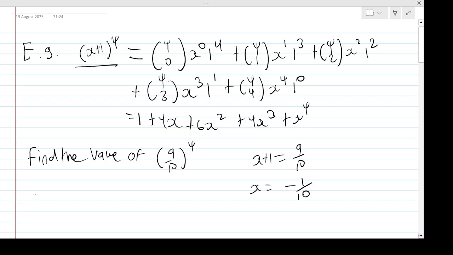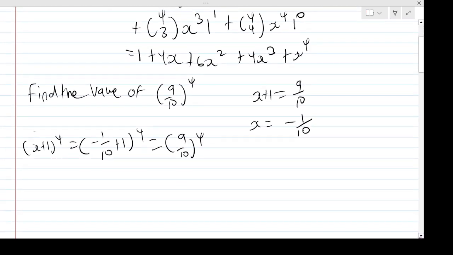Because (x + 1) to the 4 equals (minus a tenth plus 1) to the 4, which is indeed (9/10) to the 4, because 1 minus a tenth is 9 tenths. But then I can use my expansion, because these are all the terms in the expansion.